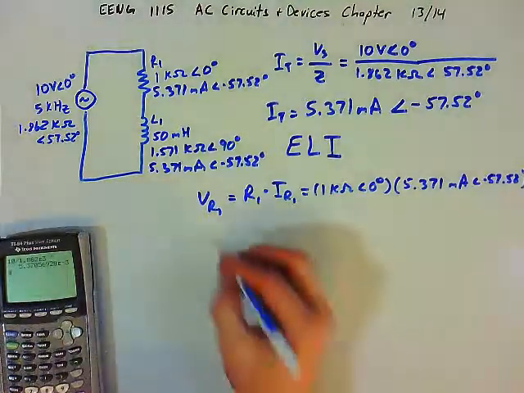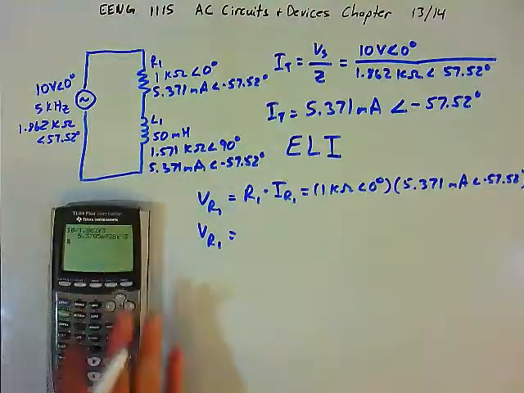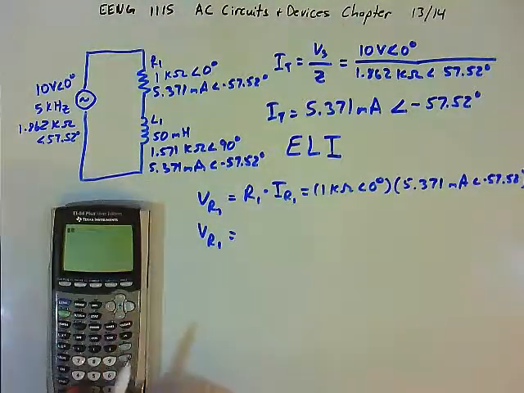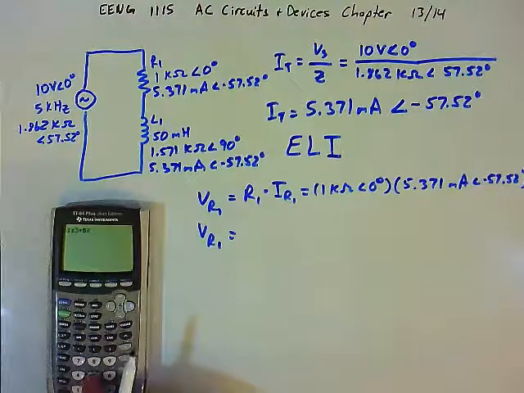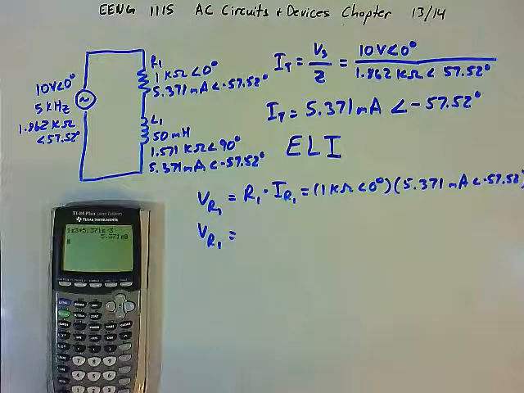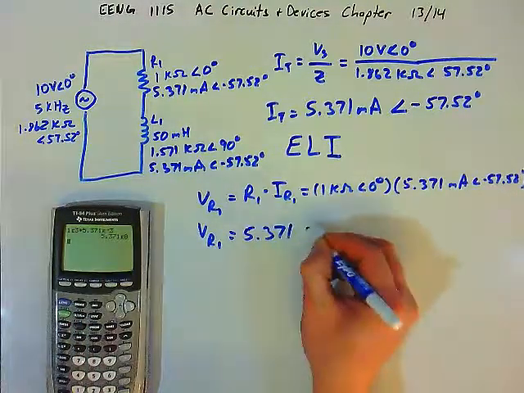Okay, and so the voltage drop on the resistor will be 1 kilo ohm times 5.371 milli. The voltage drop will be 5.371 volts.